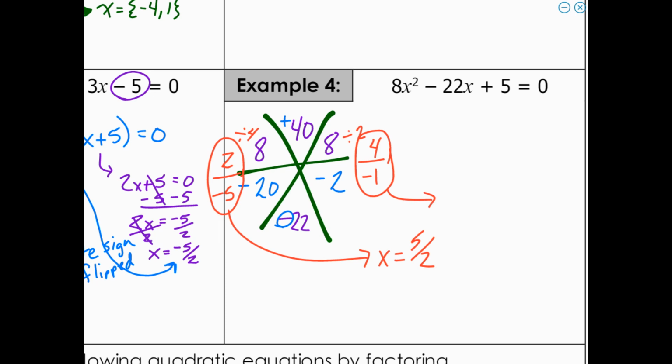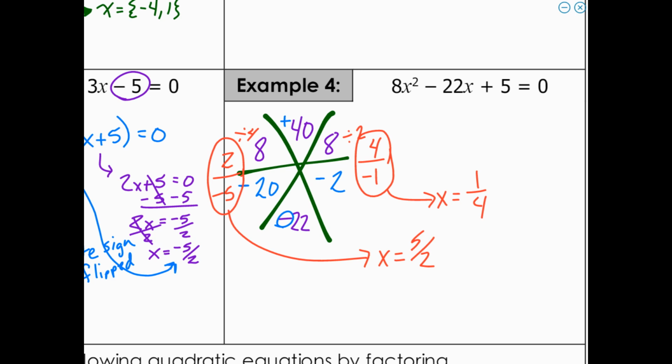Okay, and then for this one, instead of a negative, it's going to be positive. And instead of 4 over 1, it's going to be 1 over 4. So you don't take the negative sign with it? You have to change the sign. So if it were positive, you would make it negative for your answer.